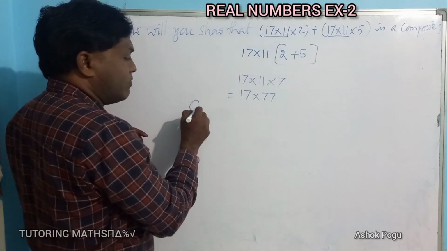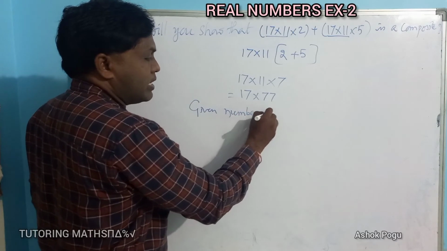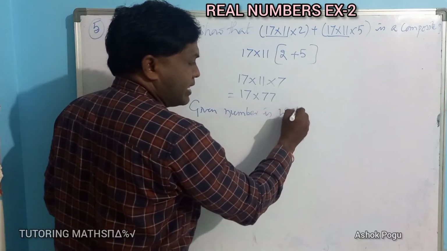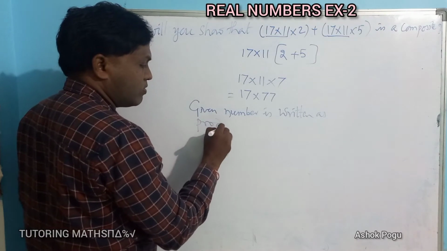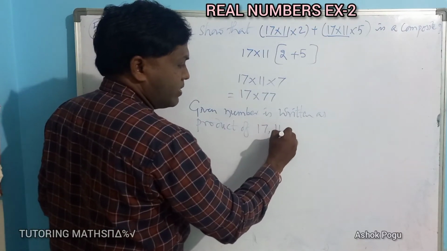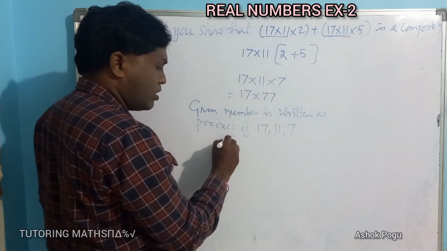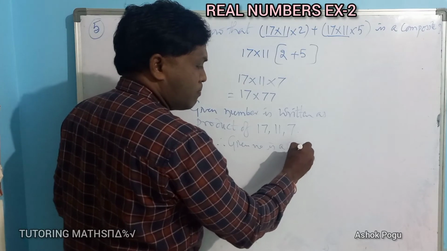Means the given number is written as a product of 17, 11, 7. So therefore the given number is a composite.